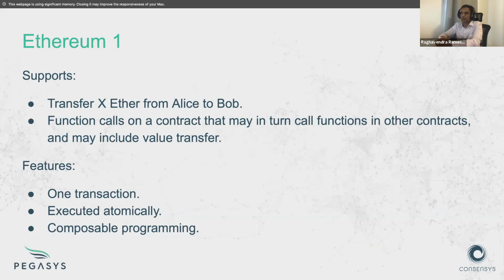The second one is function calls on a contract. There can be cross-contract function calls as well. The main features are that these ETH transfers or the cross-contract function calls are executed in one transaction, and they are executed atomically, and this yields composable programming as well.